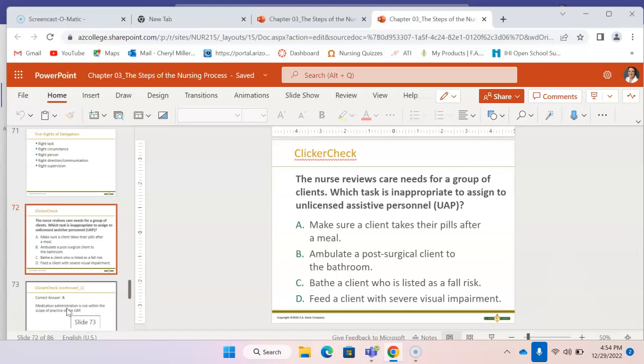Feed a client with severe visual impairment. ADLs. Ambulate a patient, yes. Bathe a client, yes. Feed a client, yes. Why is he giving pills? I don't even care if it says make sure they took their pills. If it says pills, that should be an LPN or an RN. That is not a UAP's job.